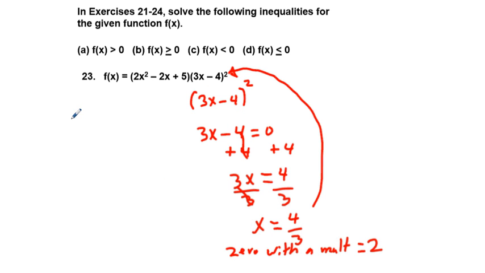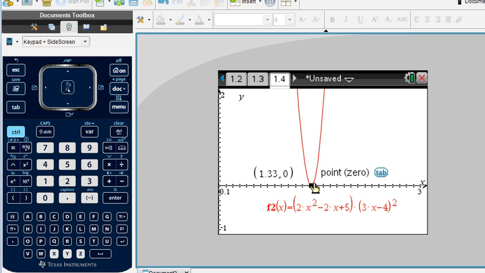So now to analyze, for A, we have one zero. For x is greater than 0, well, f of x is greater than 0 everywhere except right here at x equals 4/3.